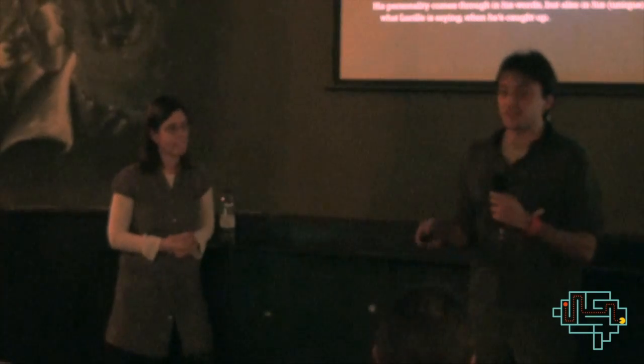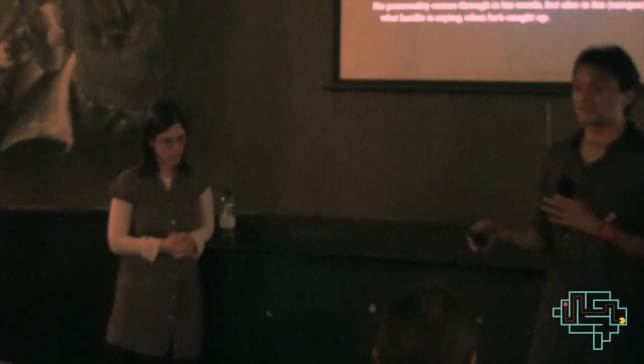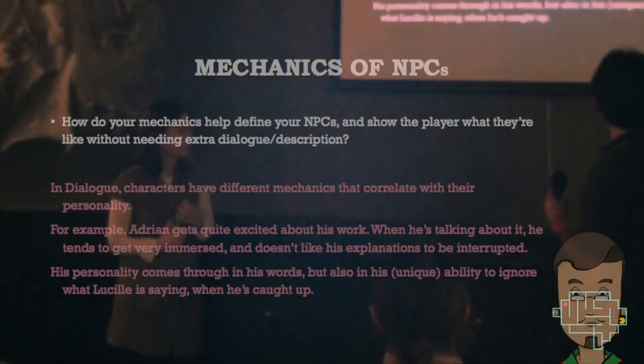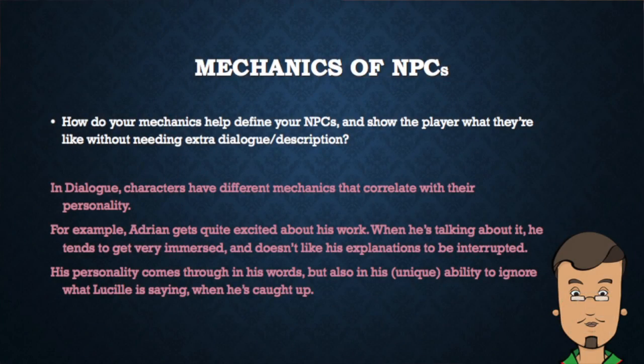The best way I can describe how our mechanics can start to convey personality is by giving you an example. I don't know how many of you can see him, but this is Adrian. He's a biochemistry researcher in our game, and he's really into his subject matter. He gets super enthusiastic about it. Once he goes on a bit of a tangent, he doesn't like being interrupted. He's quite difficult to interrupt.